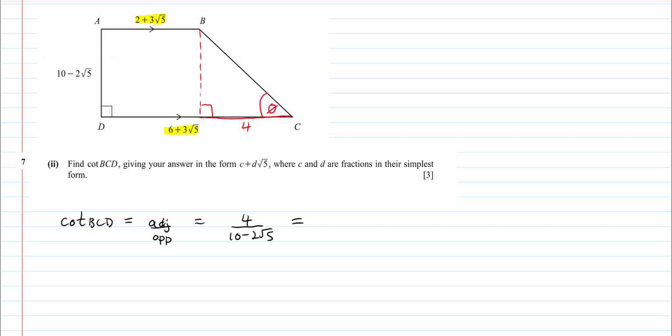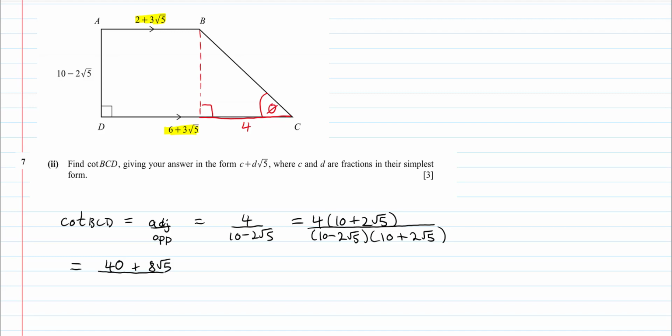So this is going to equal then 4 times 10 plus 2 root 5, and that's going to be over 10 minus 2 root 5 times 10 plus 2 root 5. So this is going to equal, well, in the numerator we're going to have 4 times 10, which is 40, and then 4 times 2 root 5 is 8 root 5.